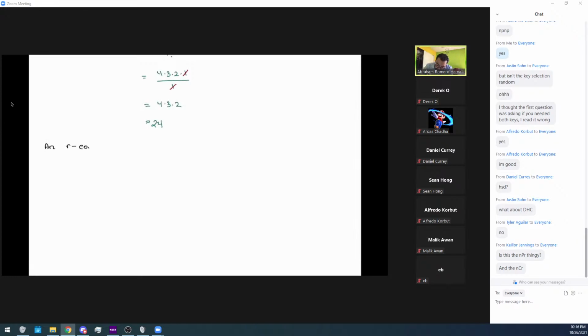An R combination of elements of a set is an unordered selection of R elements from the set.